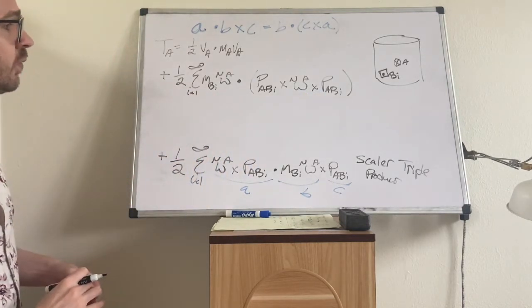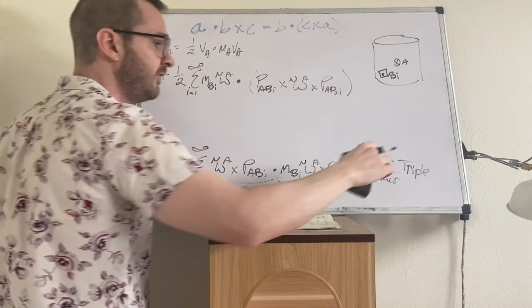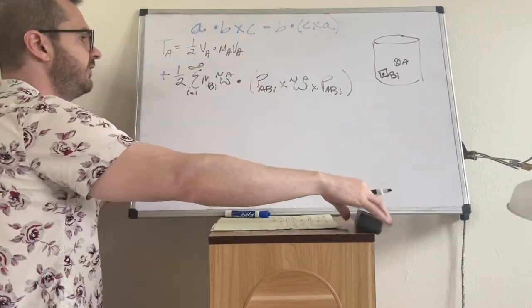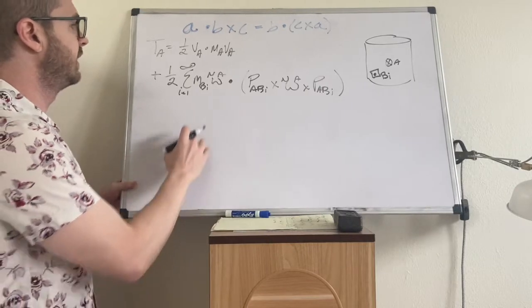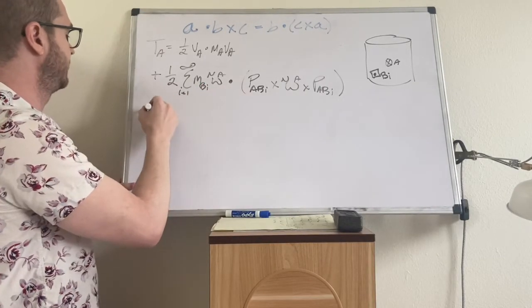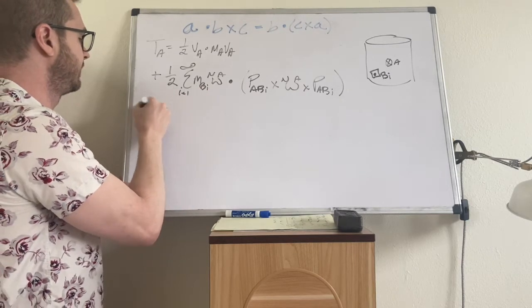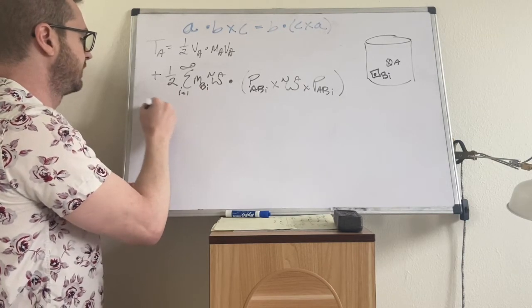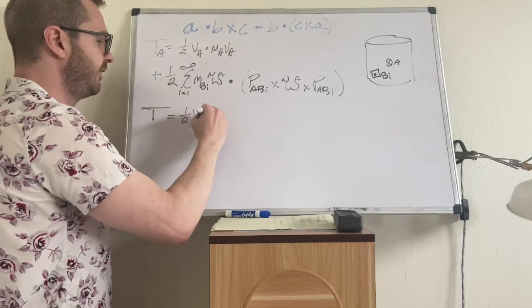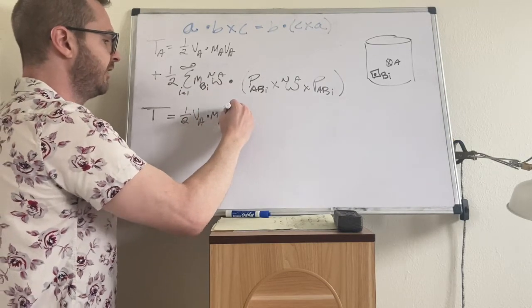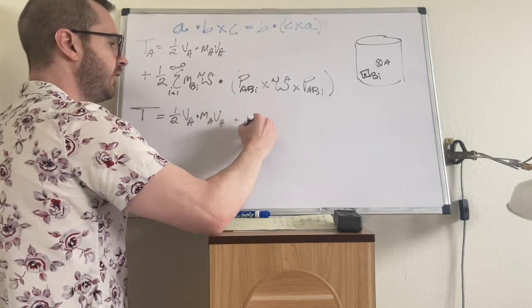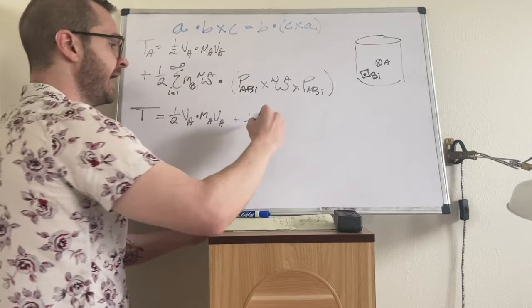Now, we can clean this one up just a little bit. Let's bring this omega_NA out to the front. So we have 1/2 V_A dot M_A V_A. And what I'm going to do is rewrite this one. So plus 1/2, I'm going to bring the omega_NA out front.